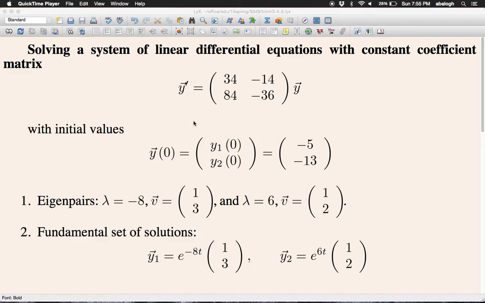Previously, we have seen that the eigenpairs of this matrix are calculated as lambda equals -8 eigenvalue with eigenvector 1, 3, and the other eigenvalue is 6 with corresponding eigenvector 1, 2.